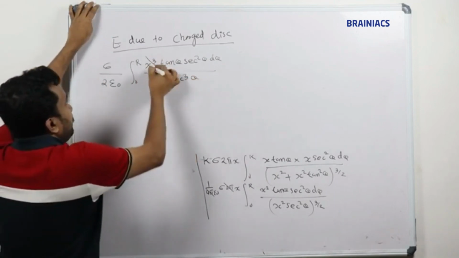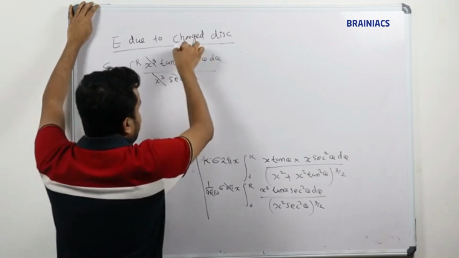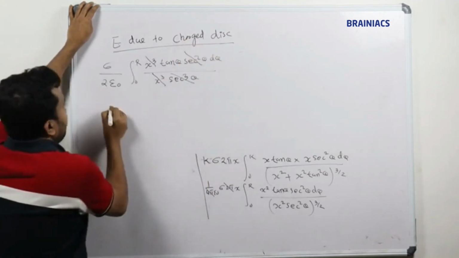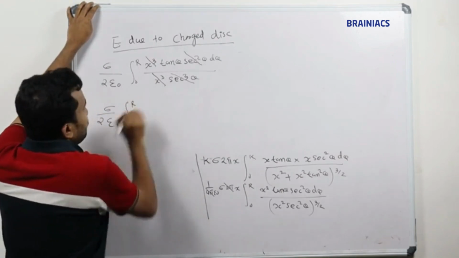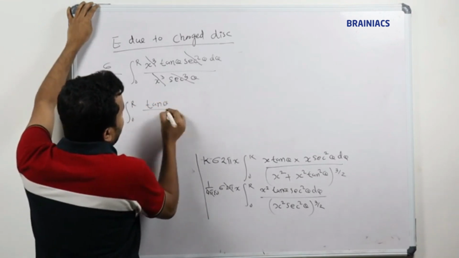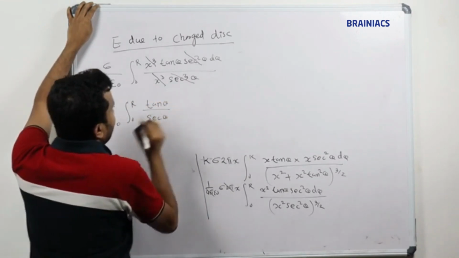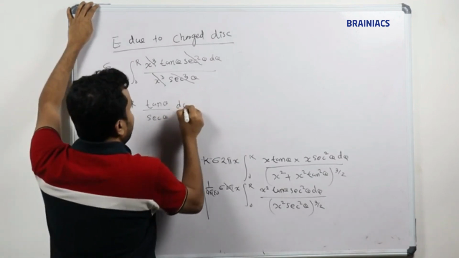Okay, x cube gets cancelled, and sec square theta cancels with part of sec cube theta. What remains is sigma divided by 2 epsilon 0, integration limit 0 to r, with tan theta in the numerator and sec theta in the denominator, multiplied with d theta.